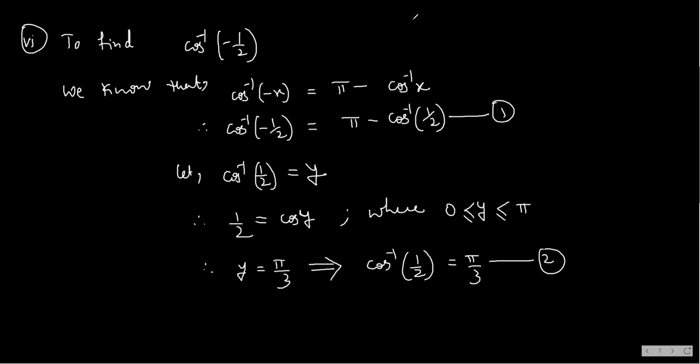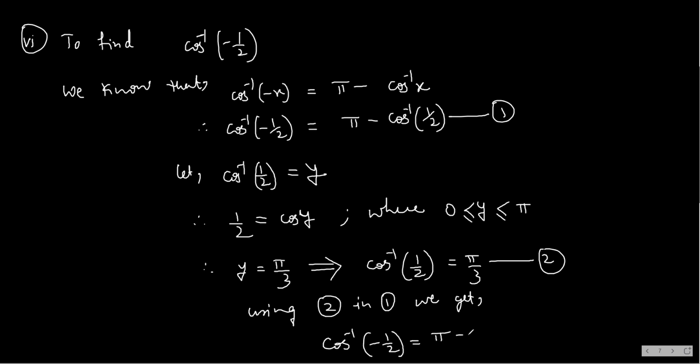So using 2 in 1, we get cos inverse of minus 1 by 2 equals pi minus pi by 3, that is equal to 2 pi by 3. What is the answer? Pi minus pi by 3 is 2 pi by 3. So here I'll write the final answer.